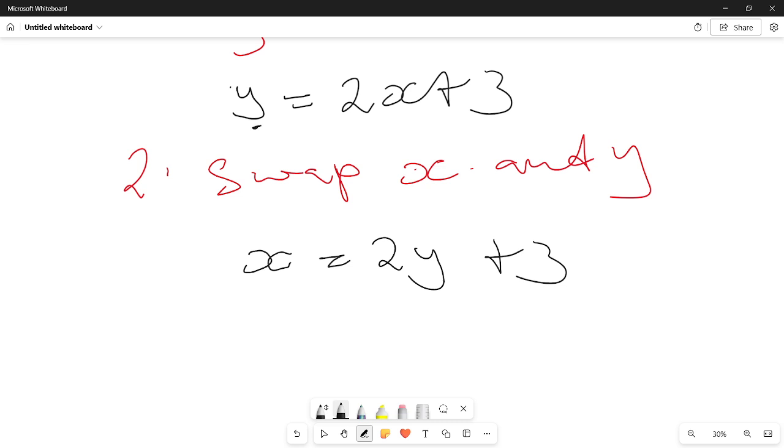So now y becomes x, then x becomes y. So we have just swapped. Okay, so now that we have swapped, we have step 3.